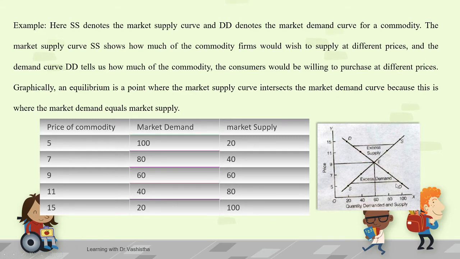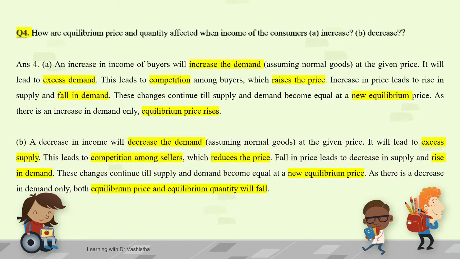So by the free play of market forces, this equilibrium point is restored so as to attain a position of stability where the demand is equal to the supply and there is no excess supply or excess demand situation. Question number 4 is, how are equilibrium price and quantity affected when the income of the consumer increases or decreases?